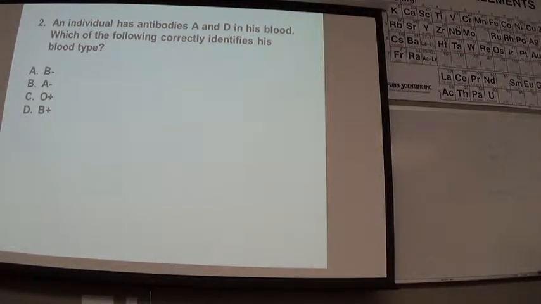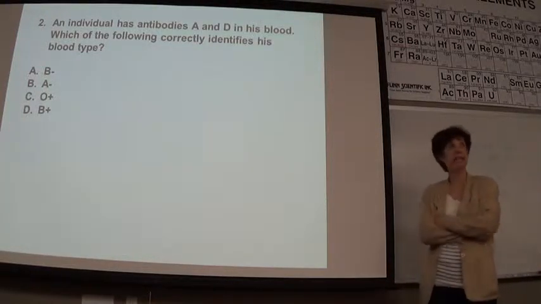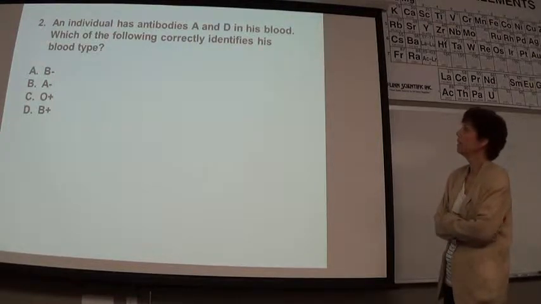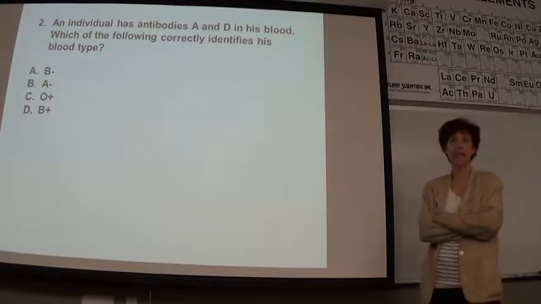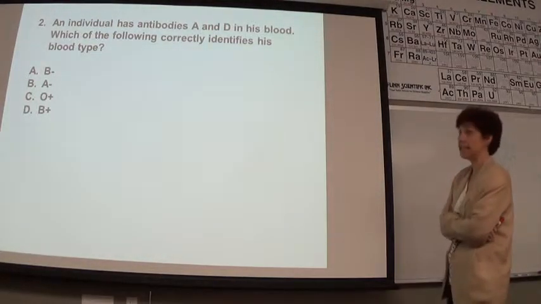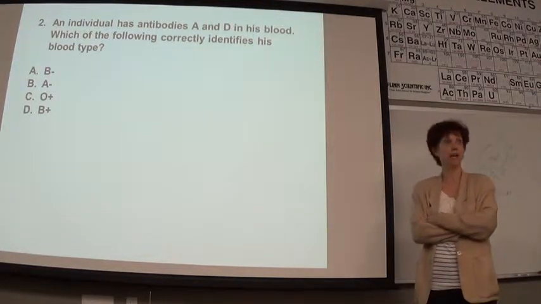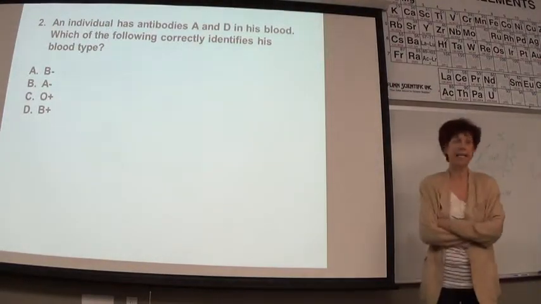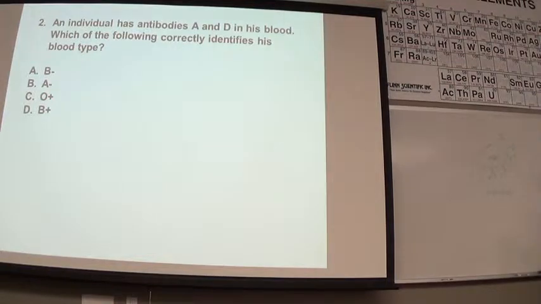So an individual has antibodies A and antibodies D in his blood. This is like some of the ones I wrote up on the board. So if he has antibodies A, he has antigen B. If he has antibodies D, then he does not have the D antigen, so B negative. Okay.